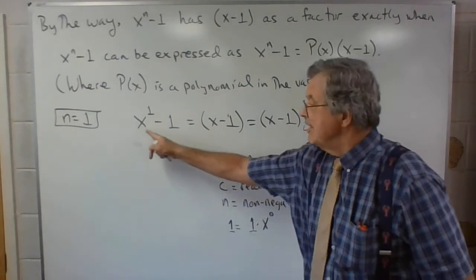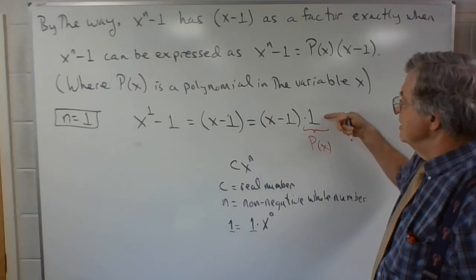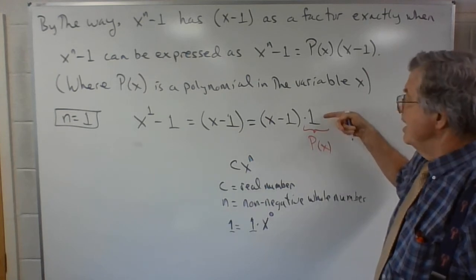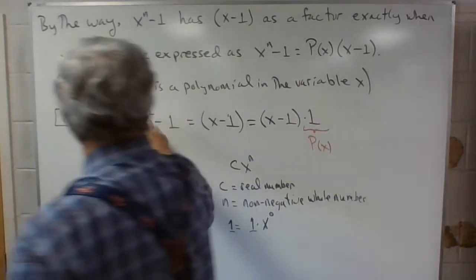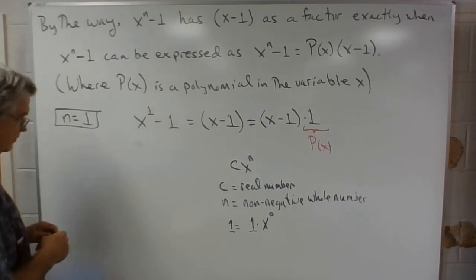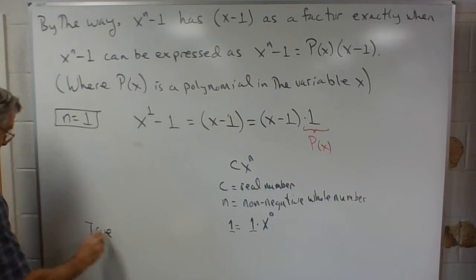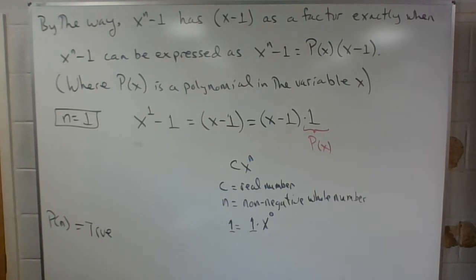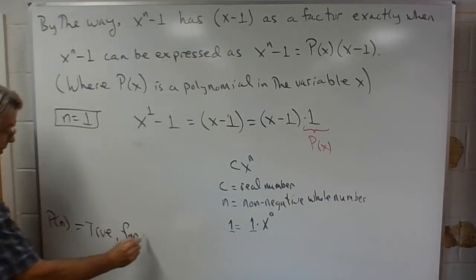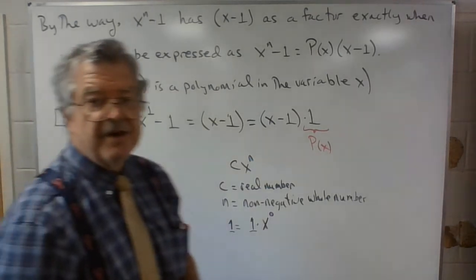So I expressed x to the power of 1 minus 1 as x minus 1 times some polynomial. x minus 1 is a factor of x to the first minus 1. And down here, I'll just confirm P of n is true for n equal 1. That's our first step.